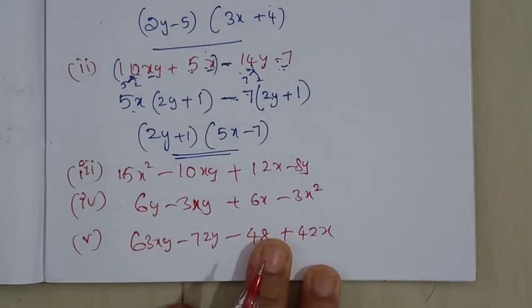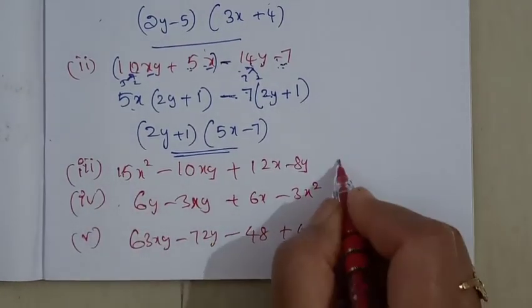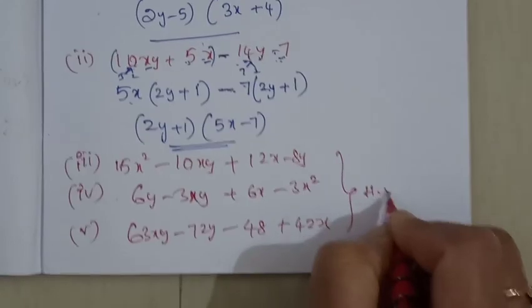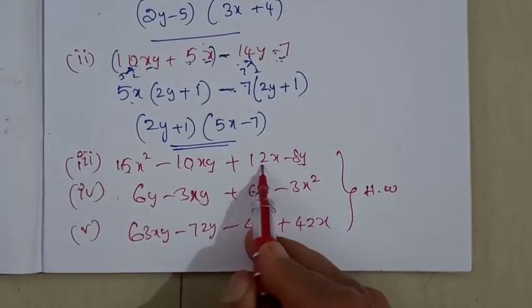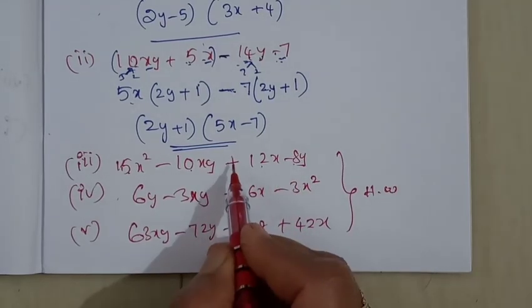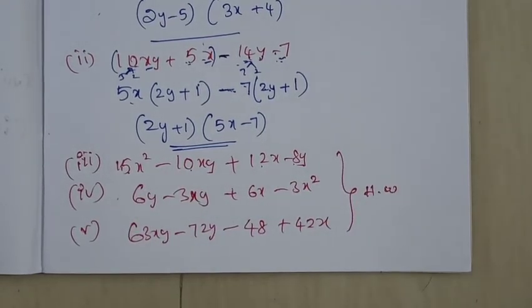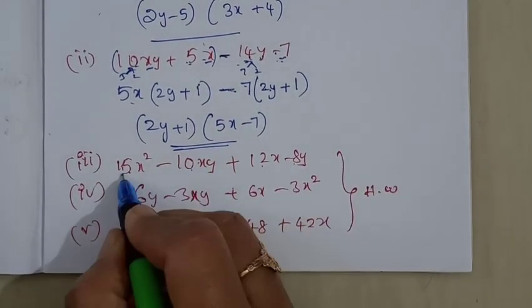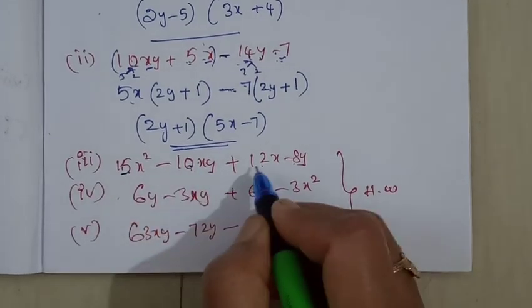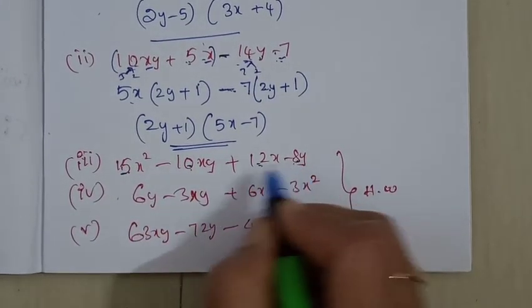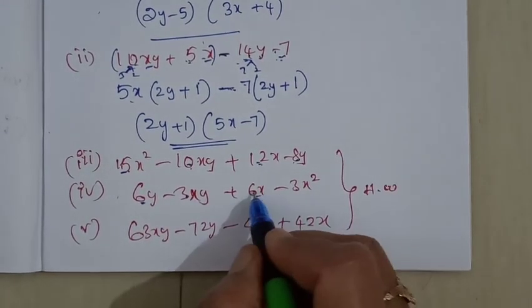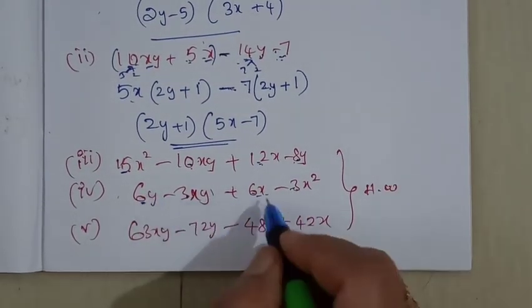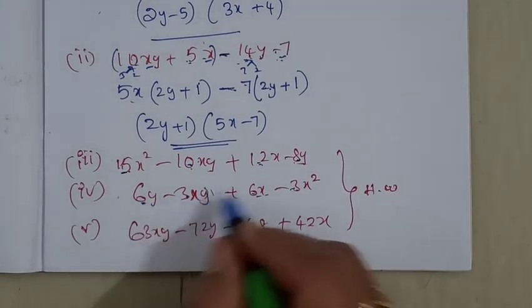Three more questions are homework for you children. You solve them. So 15x square minus 10x plus 12x minus 8y. Now we can make the group of first two terms. These two are multiples of 5, these two are multiples of 4. Next these two are multiples of 3, these two also multiples of 3. We can make the group of 2, first group, second group.